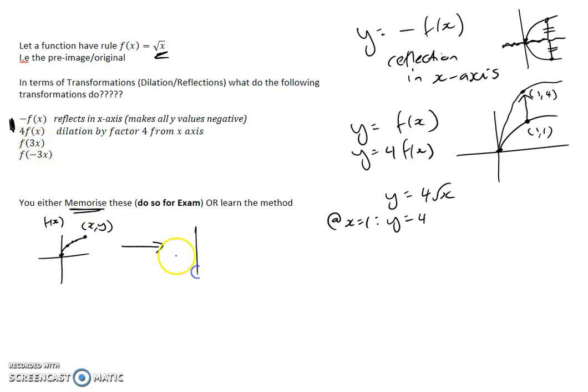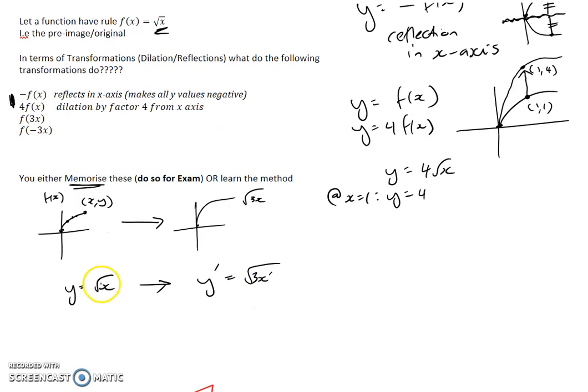So it becomes root 3x, whatever that looks like. And we call this guy the image. So what's happening is you're taking the original function, you're transforming it to be the image. We call it y dash and x dash.